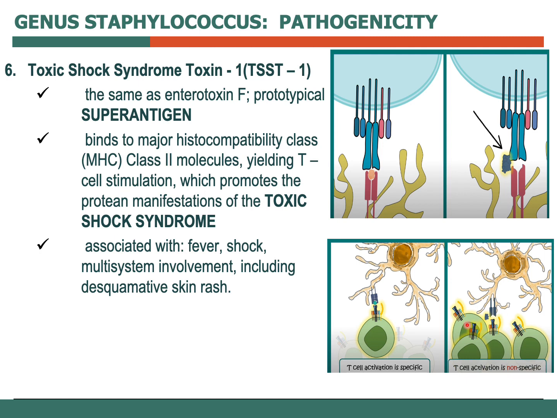Approximately, in some journals, approximately 25% of the T cells are being activated by a single super antigen. So it will cause chaos, therefore giving more neutrophils, more cytotoxic T cells, and more of these phagocytic cells will lead to huge inflammation. So your toxic shock syndrome toxin is associated with fever, shock, multi-system involvement, including desquamative skin rash. So these are the signs and symptoms of toxic shock syndrome disease.